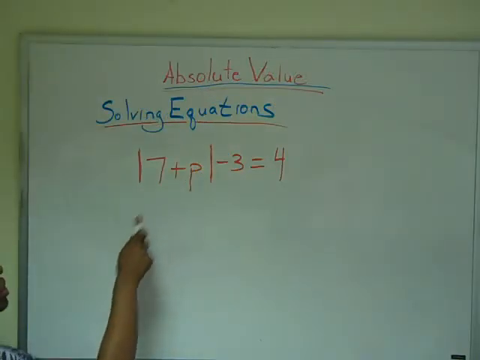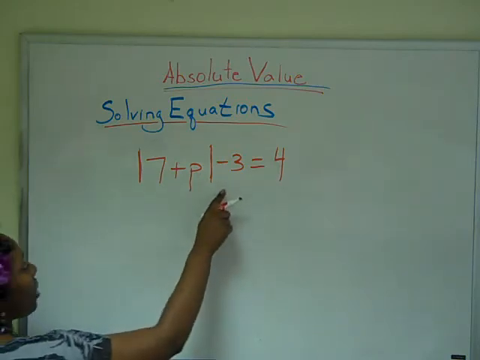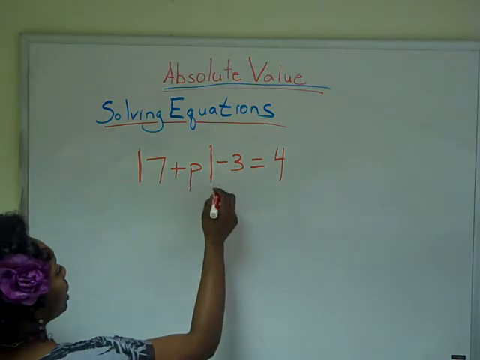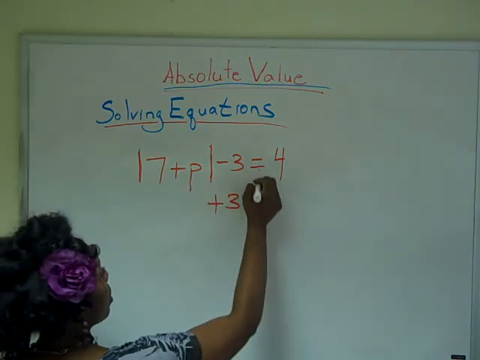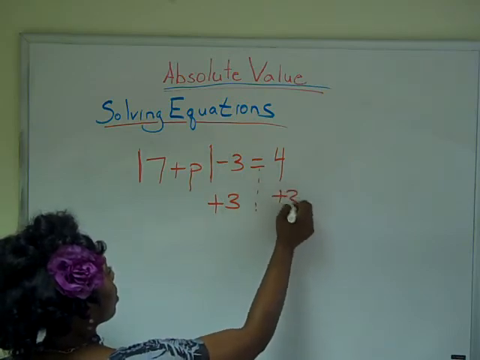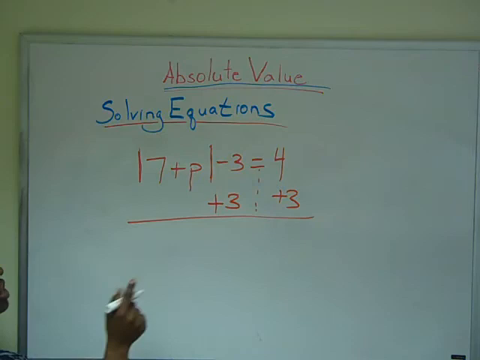Now let's try a different equation. We have the absolute value of 7 plus p, minus 3 equals 4. In order to solve this equation, we must first isolate our absolute value. So what we'll do is add 3 to both sides of our equation to get the absolute value by itself.